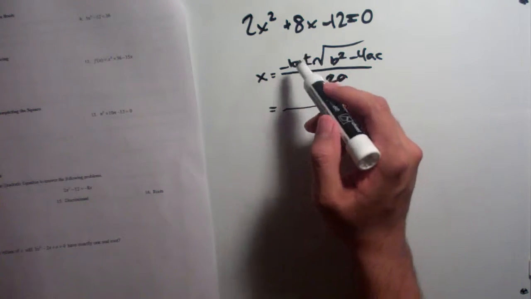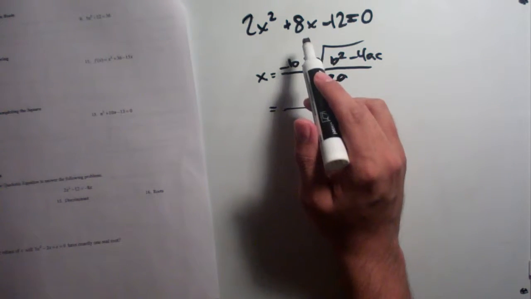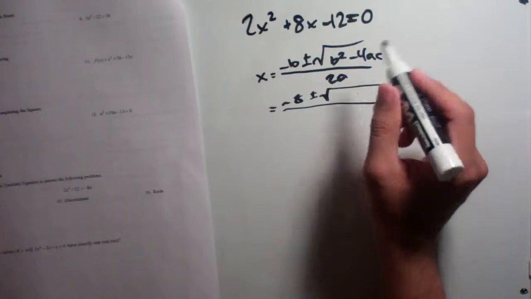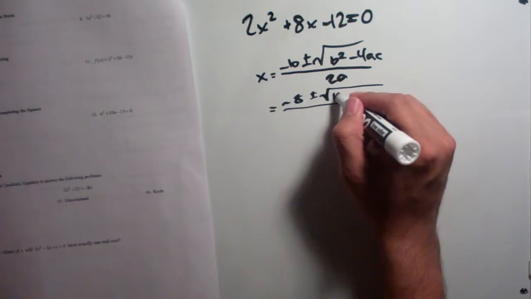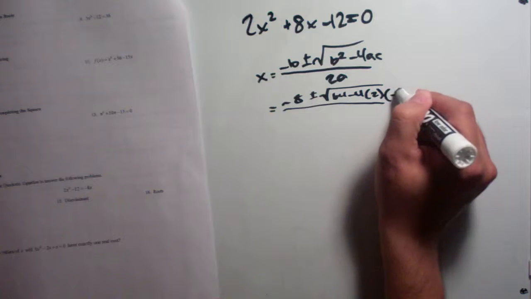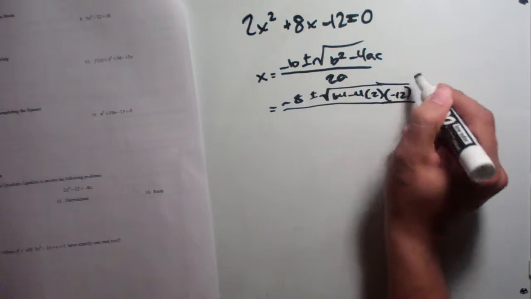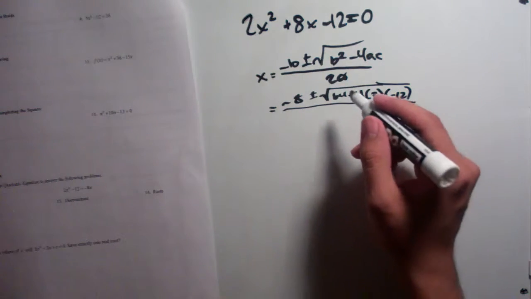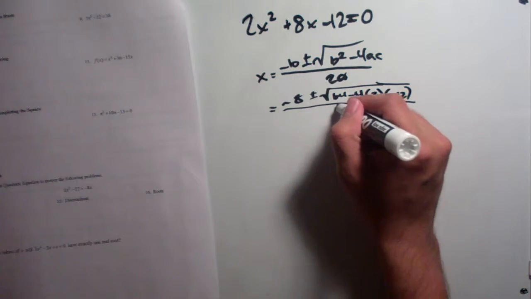But inputting this, we're going to have negative b. Our b is 8, so negative 8, plus or minus the square root of b squared, which is 64, minus 4 times 2 times negative 12, and it's all over 2 times a. So a is 2, so times 2 is 4.